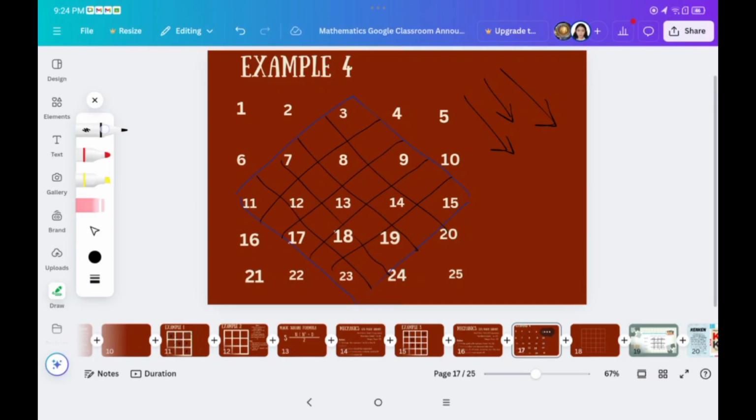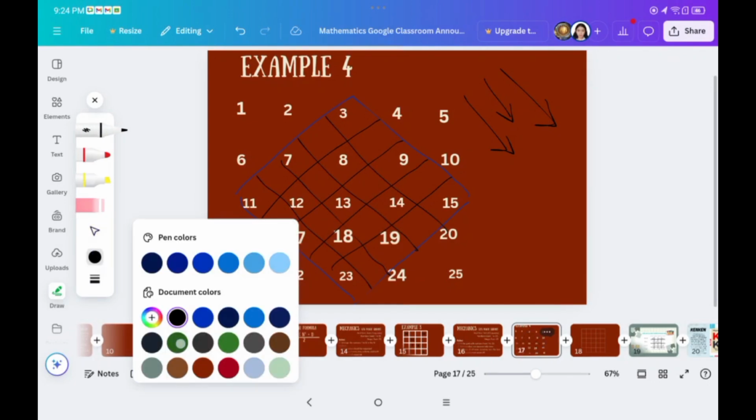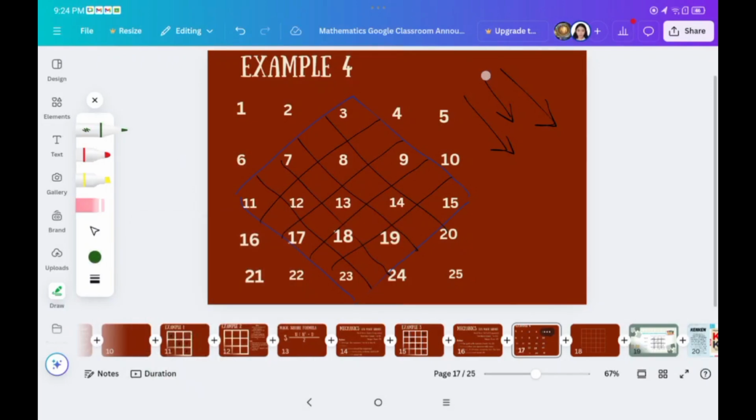So, itong number 1, lalagyan natin siya dito. Number 1.